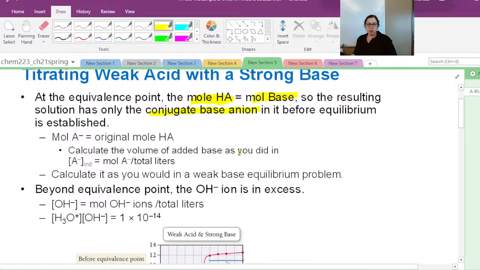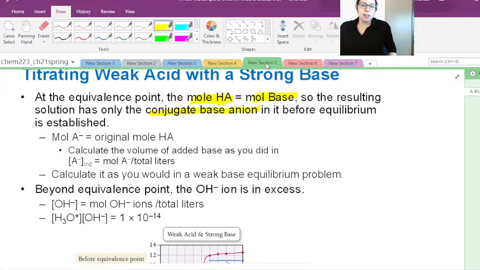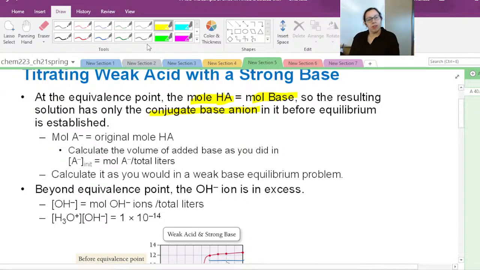So it's not as simple as our strong acid, strong base, right, because the problem is then we have our conjugate base that's going to potentially react and reform that acid there. So that's going to cause a little bit of adjustment in the pH, so we'll look at that and how to deal with that, because that's a specific scenario.